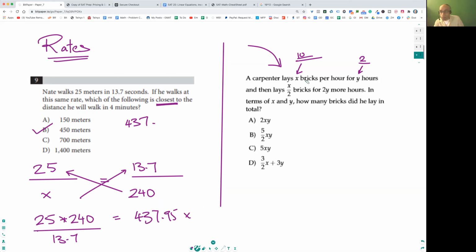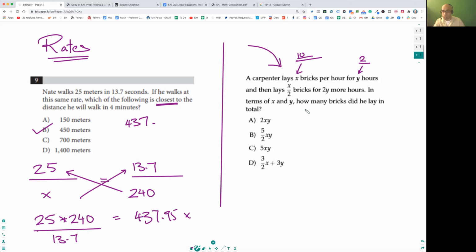So now this problem over here, guys, what you have to do is X bricks per hour for Y hours.